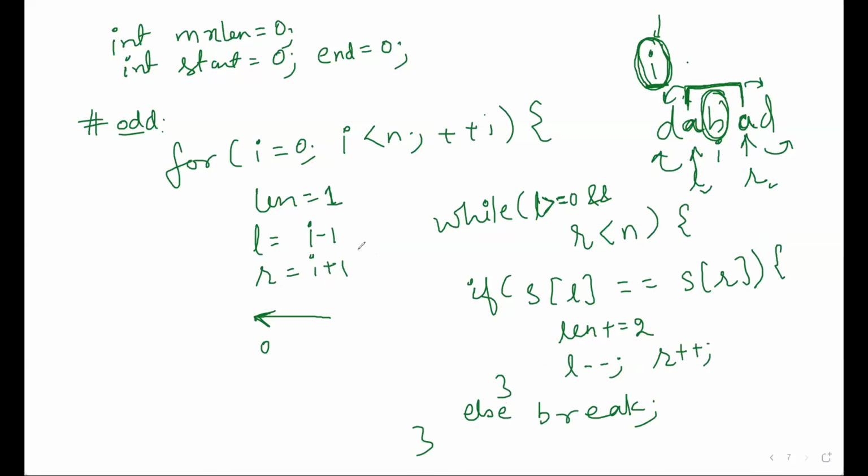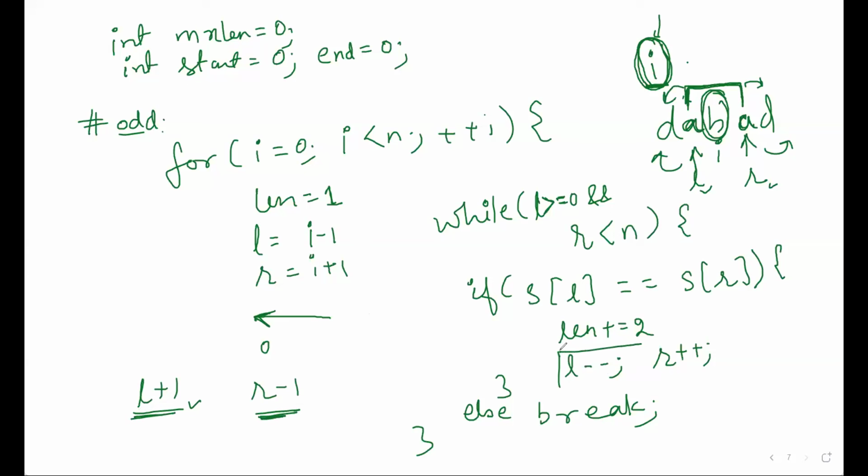Now, once you come out of the loop, in that case, now what was the last valid index? Last valid index was L plus 1 and R minus 1. Okay, because these were the indexes whose characters were equal.